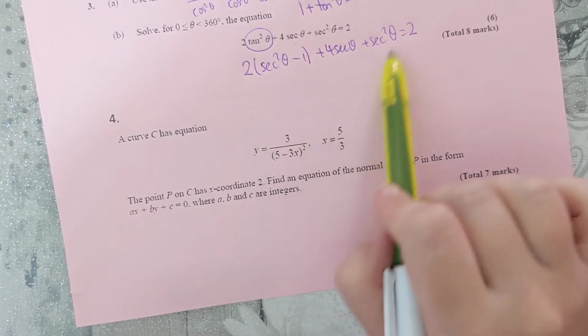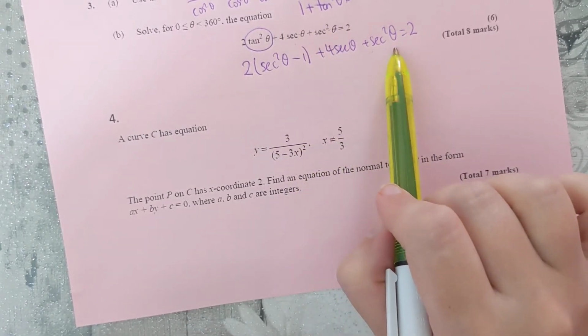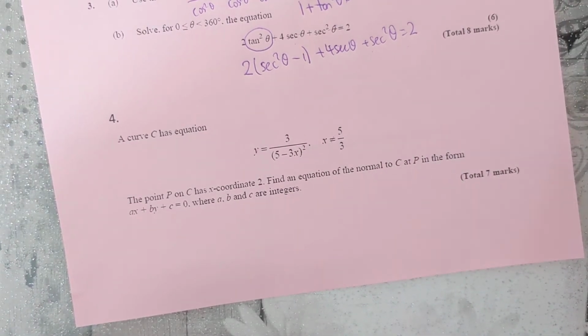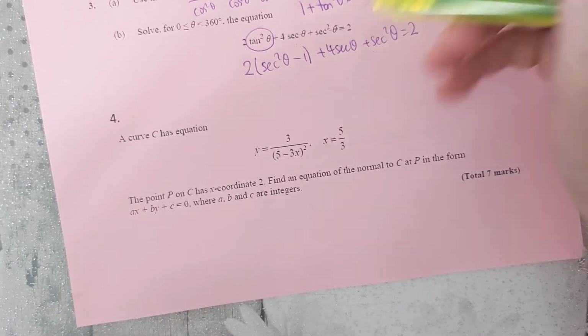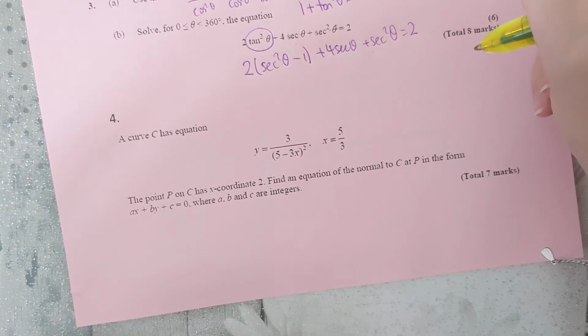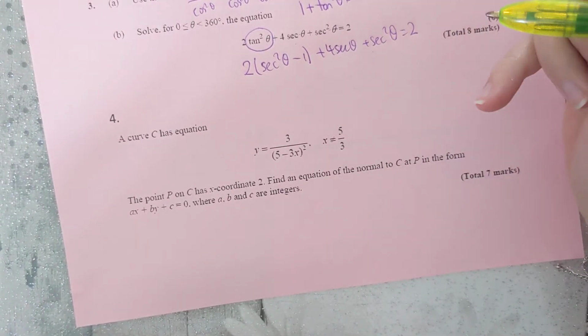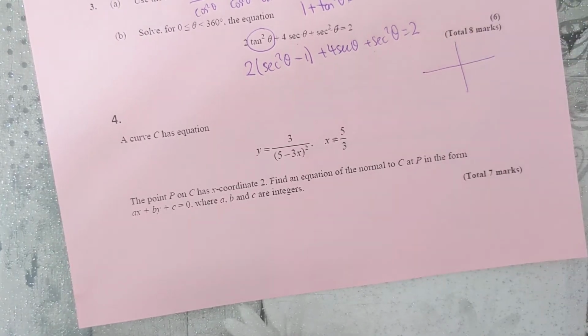Then, because it's going to be a quadratic equation, you want to make that equal 0. And then I would try and factorise it. Obviously, if you cannot factorise it, you would have to use the quadratic formula. And then you would do the usual thing of replacing sec with 1 over cos, rearranging it to get cos theta equals something, and then do cos to the minus 1 and use your CAST diagram and so on.